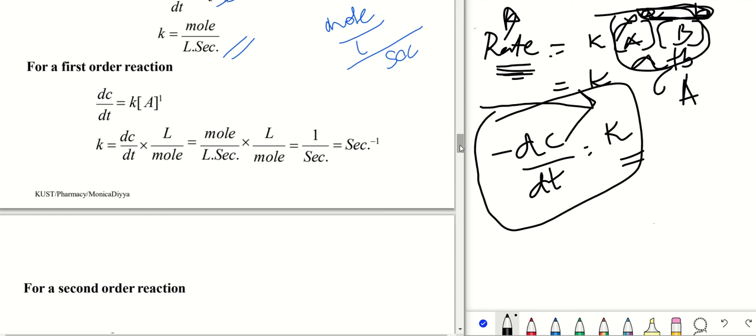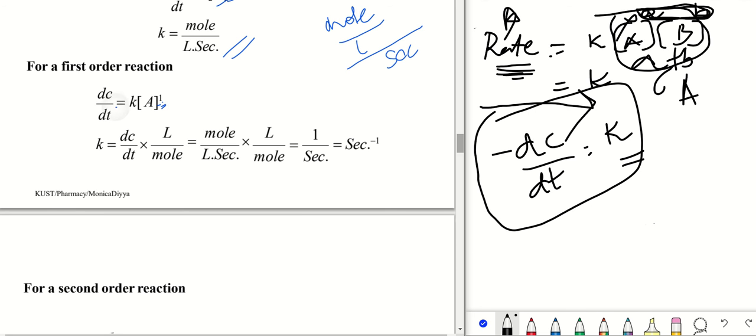Now let's see how we can know the units for the first order reaction. dC by dt is equal to K into concentration to the power 1. First order reaction: the summation of the powers on the concentrations of the reacting species is the order.